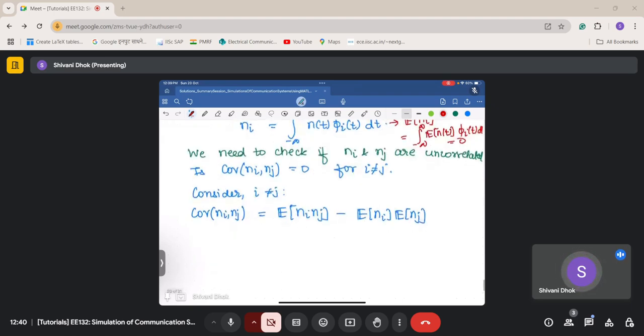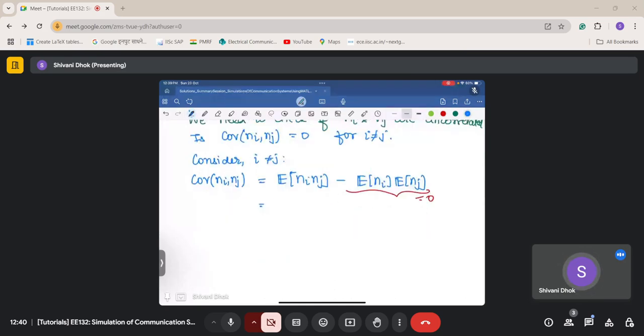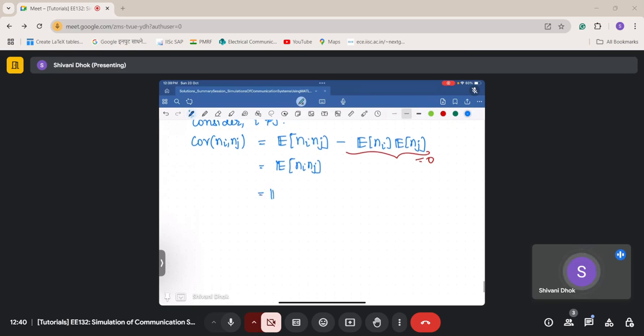This reduces it to the expectation of Ni Nj, which is equal to the expectation of the integral of n(t1) phi_i(t1) dt1 into the integral of n(t2) phi_j(t2) dt2.